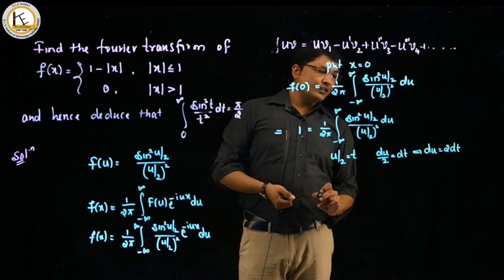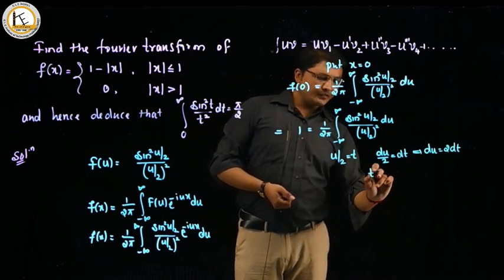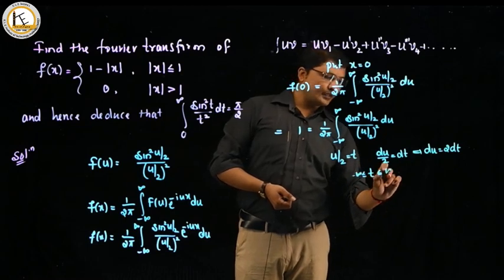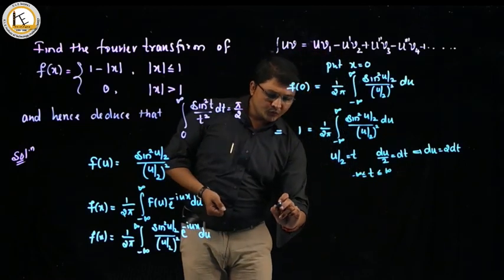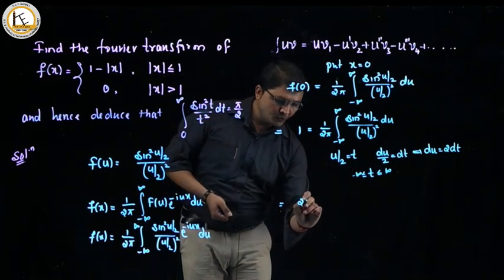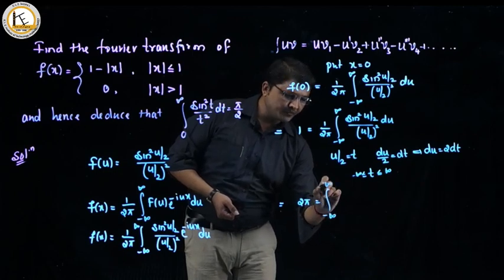The limits will remain the same, minus infinity to plus infinity. So I cross multiply this 2 pi here, so I get 2 pi is equal to the integral minus infinity to plus infinity.